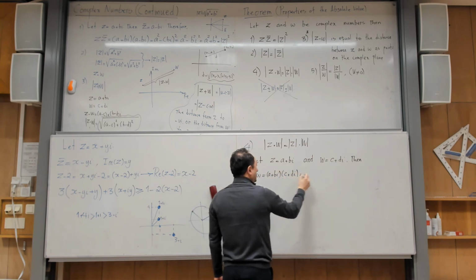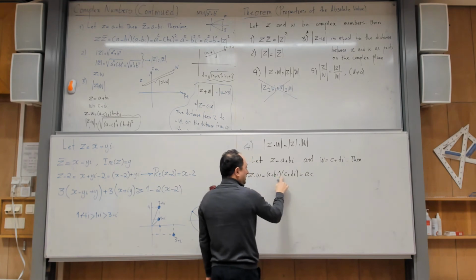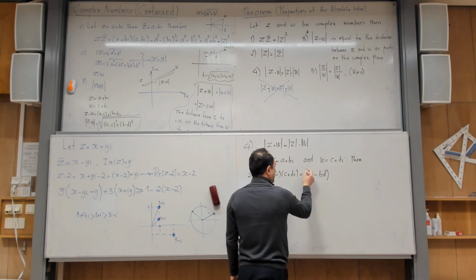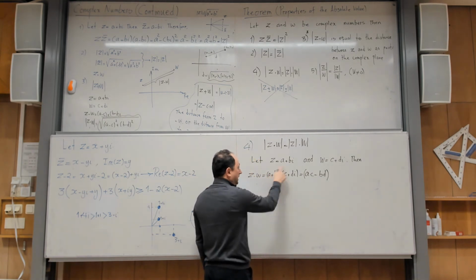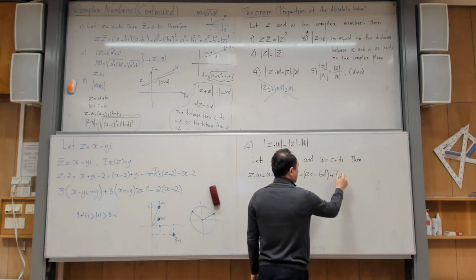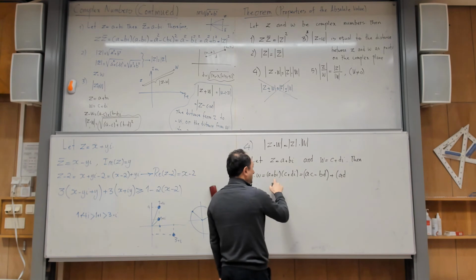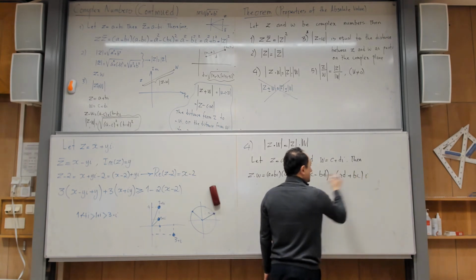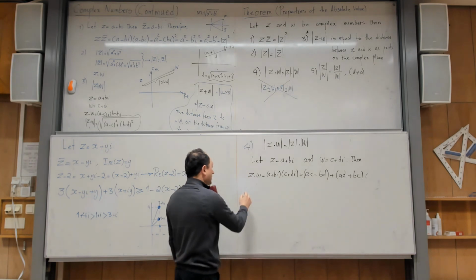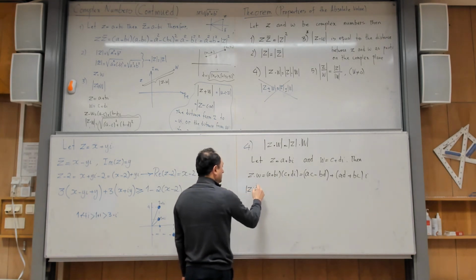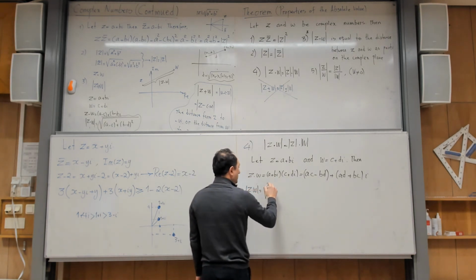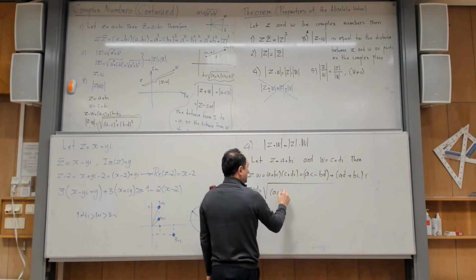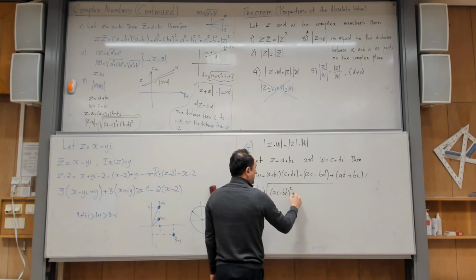Then it becomes ac, and bi times di becomes minus bd, as the real part. And then a times d plus b times c, I factor an i out. So this is the product. And then if I ask you what is the absolute value, you will tell me the absolute value is the square root of this one squared plus that one squared.